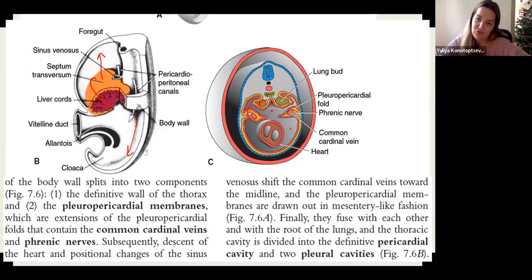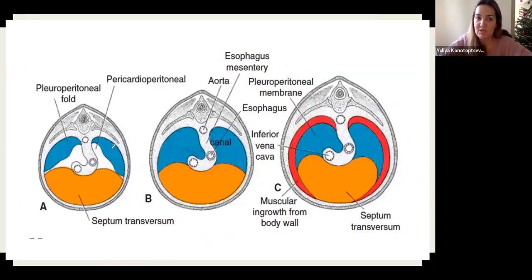There is a communication, however. So in embryo, there is a canal that is known as the pericardio-peritoneal canal. And you can see that it is a space between septum transversum and posterior body wall. This space should be closed. And this is what we can see on this picture, right?